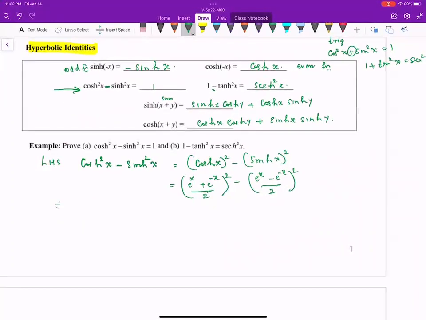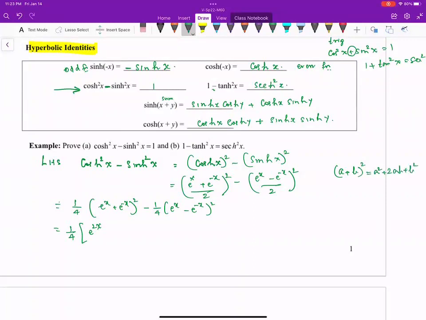So it will be 1 over 4, then you have e to the x plus e to the negative x, the whole square, minus 1 over 4, e to the x minus e to the negative x, the whole square. If we expand this, we use the formula a plus b, the whole square, is a square plus 2ab plus b square.